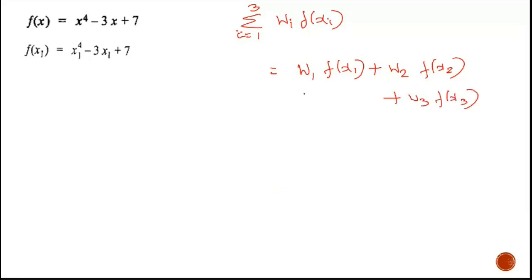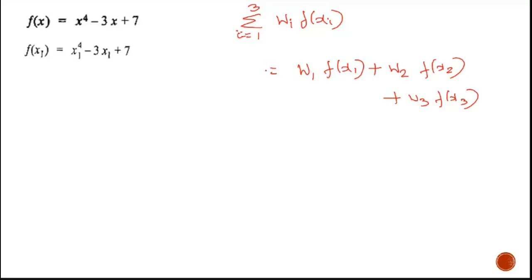Okay, so this is my function. So what I have to do is find w1, w2, w3 and f(x1), f(x2), f(x3). If I multiply and add, you will get the solution. Okay, this is the process.